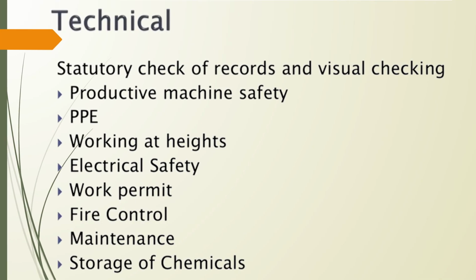Technical requirements. Statutory audit/review of records and visual inspections covering machinery safety, safety mechanisms for production machinery, PPE, personal protective equipment compliance and condition, working at heights, fall protection and elevated workplace safety, electrical safety, compliance, insulation, and hazard prevention, work permit system, authorization and safety protocols for hazardous tasks, fire control, fire prevention, detection, and suppression systems, maintenance, routine and preventative maintenance logs and practices, chemical storage, safe storage, handling, and labeling of hazardous chemicals.